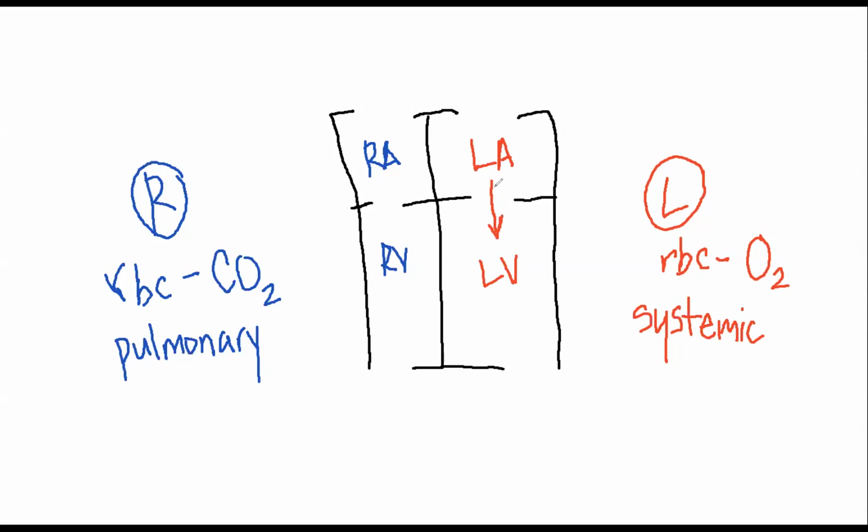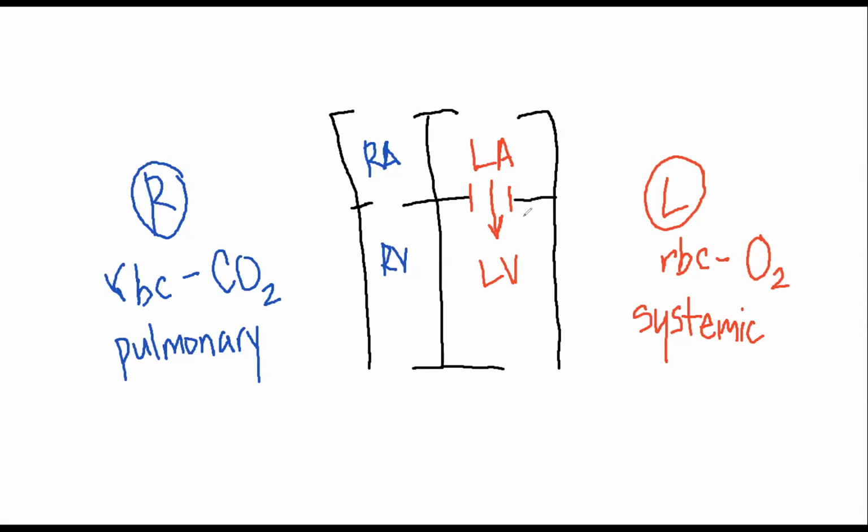So left atrium, blood goes down to the left ventricle. Now it passes through a set of doors. And you could see I drew one door here, one door there, so that's two doors. And if you recall your medical terminology, bi means two. So cusp means a leaf or a door, leaflet or a door.